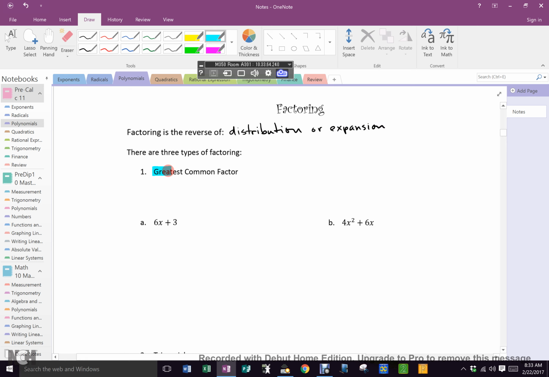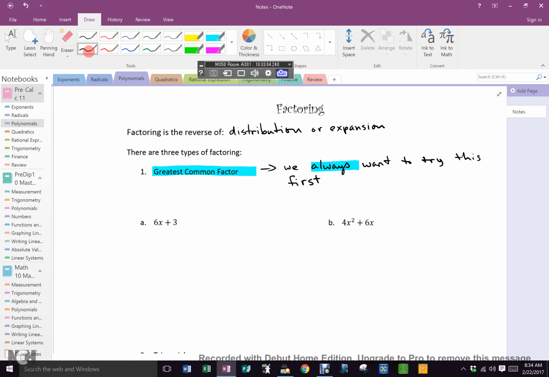The first one is GCF. GCF is very important because we always want to try this first. Always, always, always try GCF first because it makes things simpler.